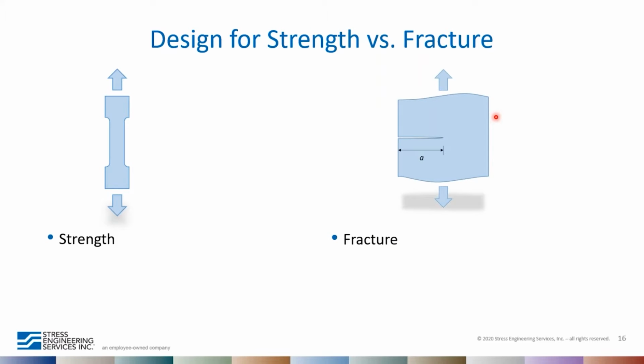All right, so let's do a quick comparison about design for strength versus fracture. In general, when we think about loading for a design for strength, the loading is in the form of stress. In fracture, it's stress as well as the crack size, and the combination of these two result in a stress intensity at the crack tip of the component.